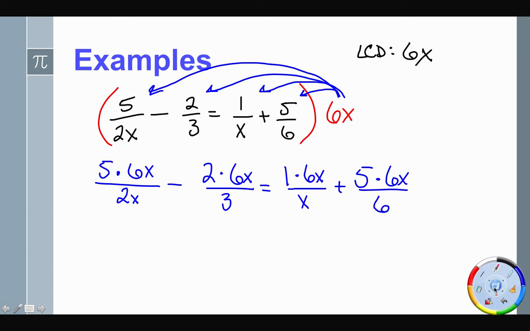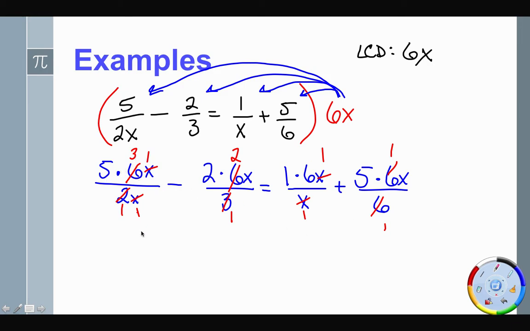We're going to go through and we're going to do any canceling that is available. We're going to cancel our 6's, those become 1's. Cancel our x's, those become 1's. We're going to cancel that 3 on the 6, but that becomes a 2 in the numerator. Same idea here. We're going to cancel the 2's. That becomes a 3. And we're going to cancel those x's. Those become 1's.